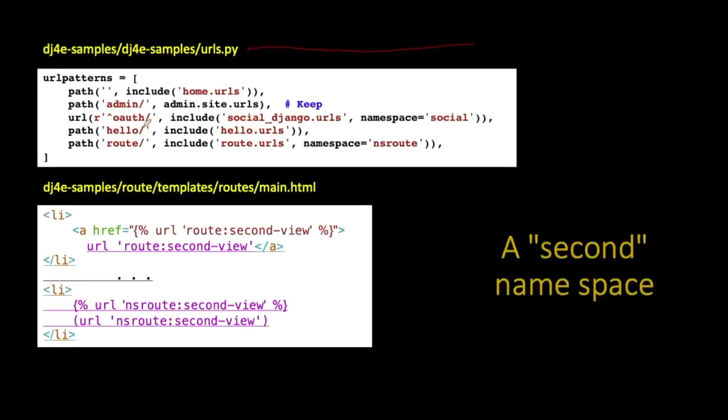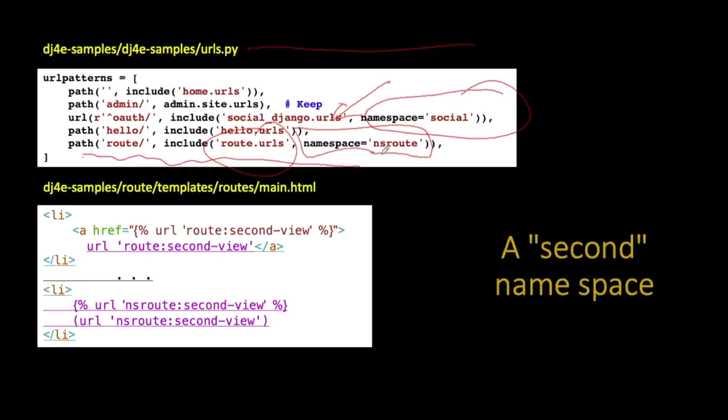You're pulling in a bunch of URLs, and these live in an application of their own name, but we can actually give them a name of our own to reference them. So you can reference them with the name they were already given by the application that we're talking to, or we can say, you know what, I'm going to call these social: or nsroute:. So if we take this route application and include all those URLs, and we're going to use a namespace of nsroute, you still can say route: or you can also say nsroute.